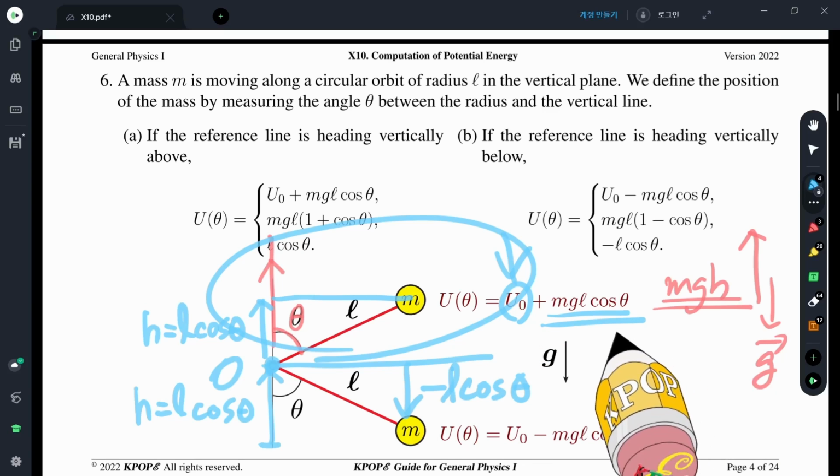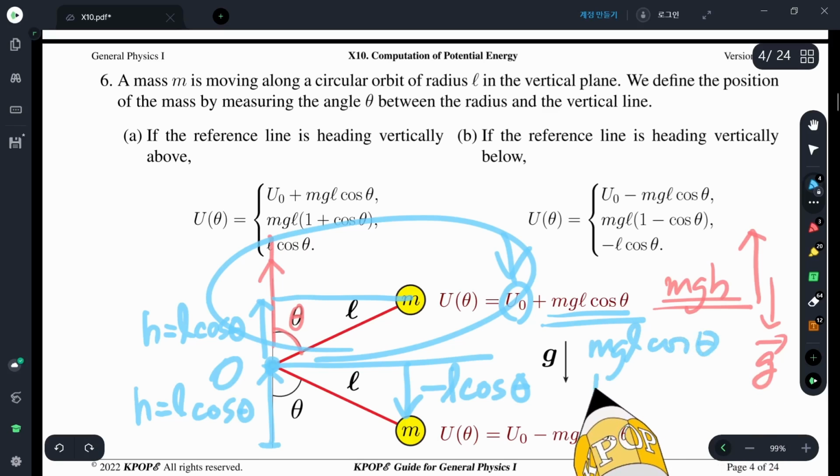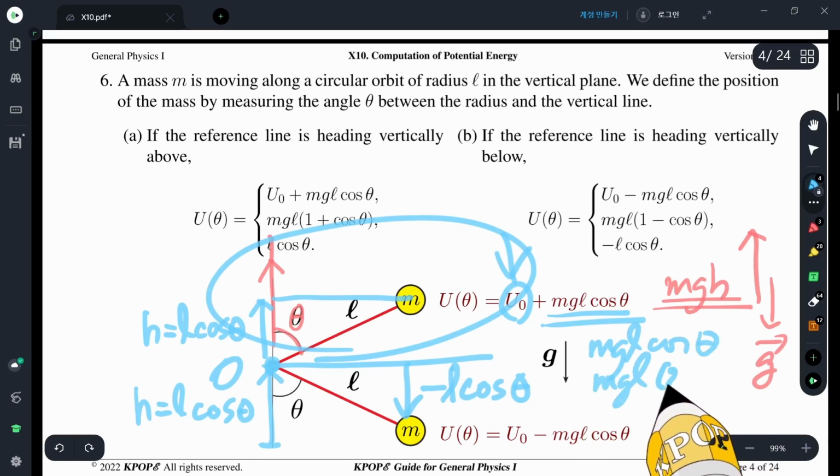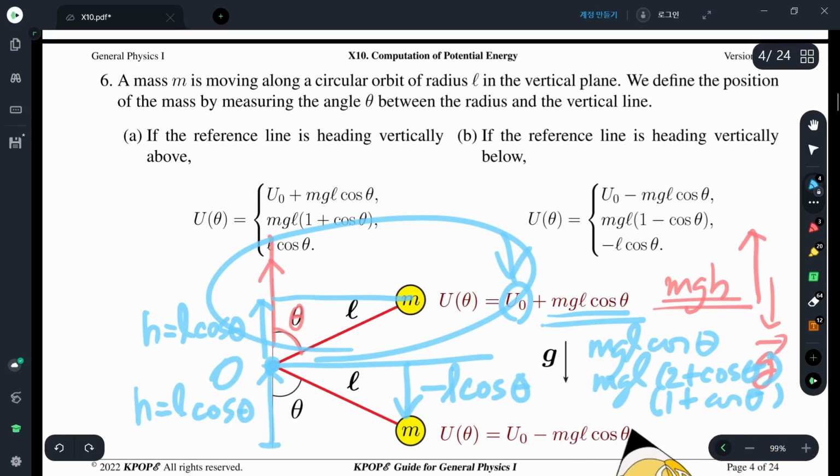So sometimes you can write it mgl cosine theta, or sometimes 1 plus cosine theta, that's fine. But in this case, minus mgl cosine theta.